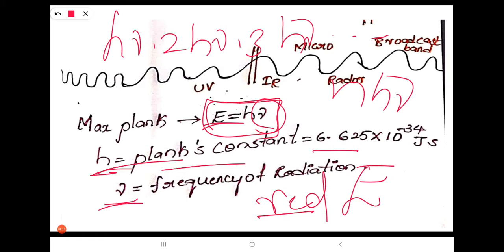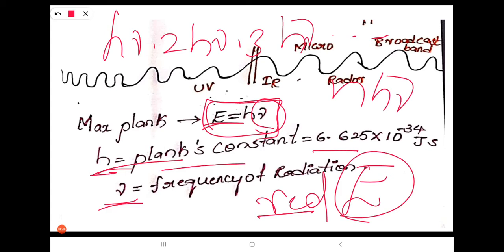So the energy E for the red color, with higher wavelength or lower frequency, is lower compared to the energy of blue color, because red color has a greater wavelength, so the frequency is less.